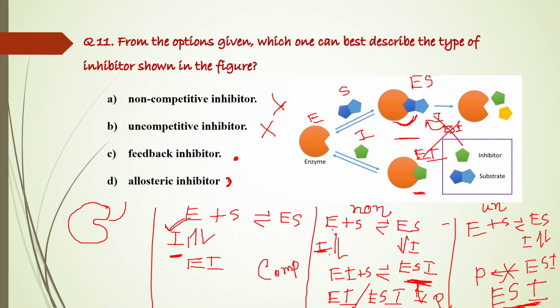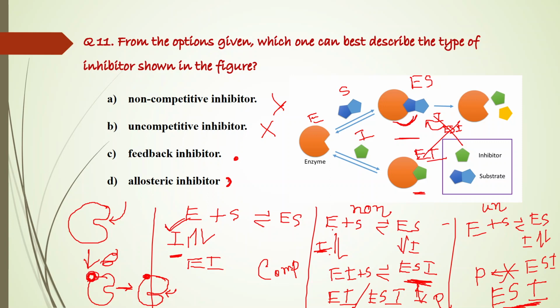What they will do is bind somewhere else, other than the catalytic site. This will result in some conformational change in the enzyme, for which the substrate molecules will no longer fit in the catalytic cavity.